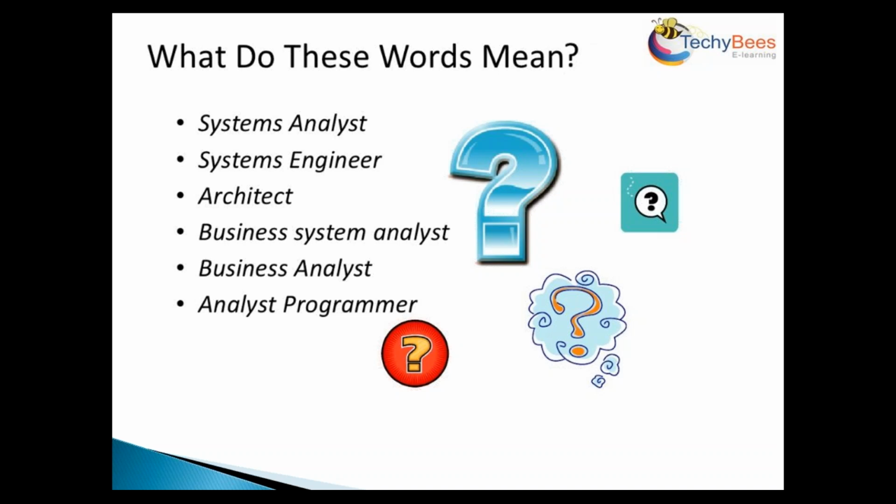They may be business or enterprise architects, or pure technology based architects. Analyst programmers are programmers with programming knowledge. Other than the business analyst role, all the other roles defined here will have programming knowledge.